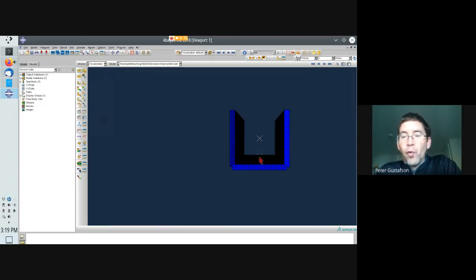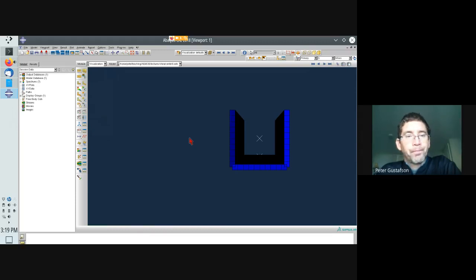Again, what I've done now is I fixed the back edge. We're looking now at the front edge, and this X that you can see my mouse circling is where I've applied the load. I've applied the load in the positive X direction, which in the orientation we're viewing actually goes off to the left.